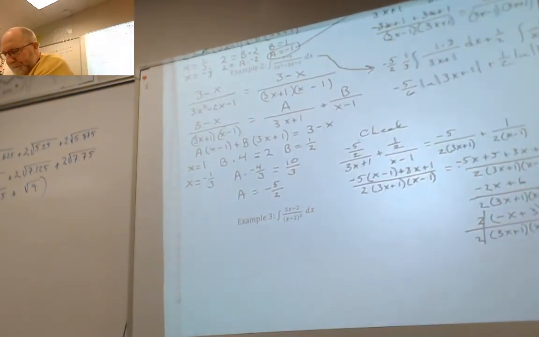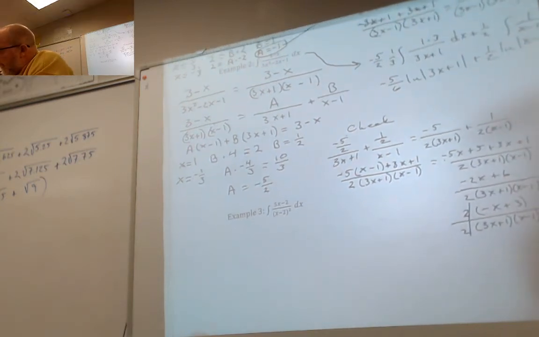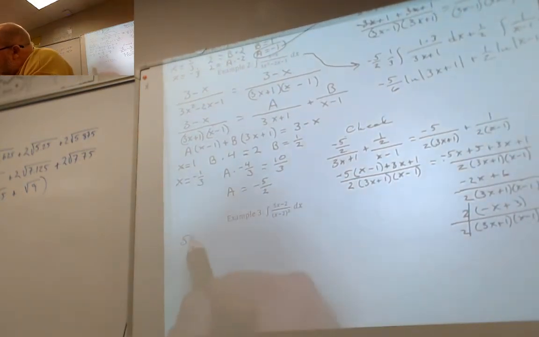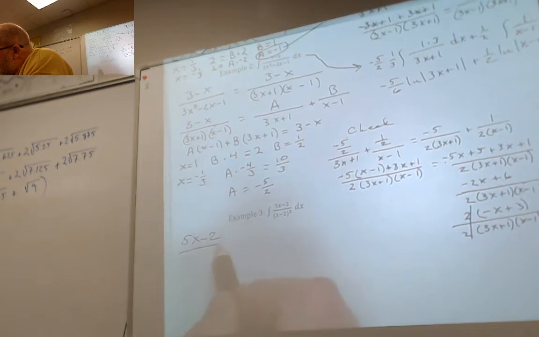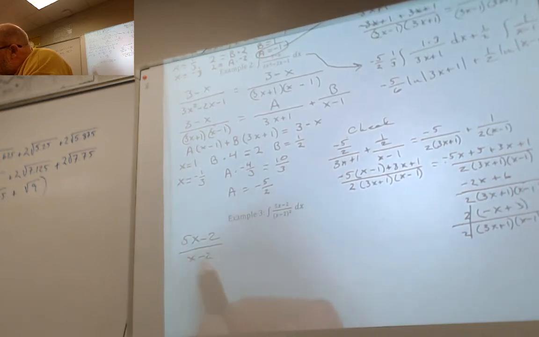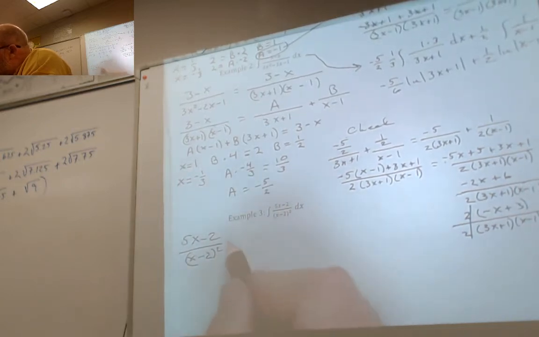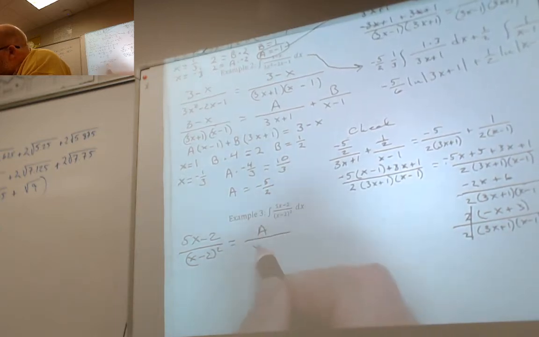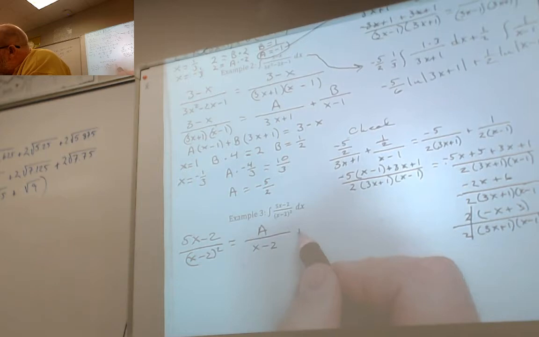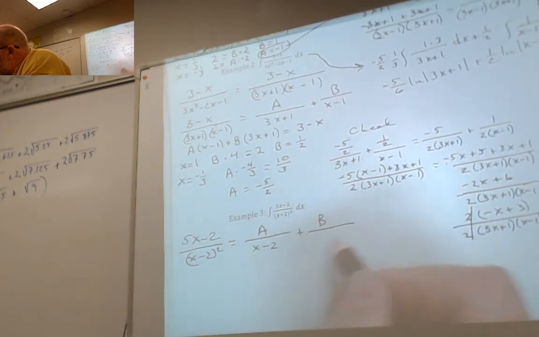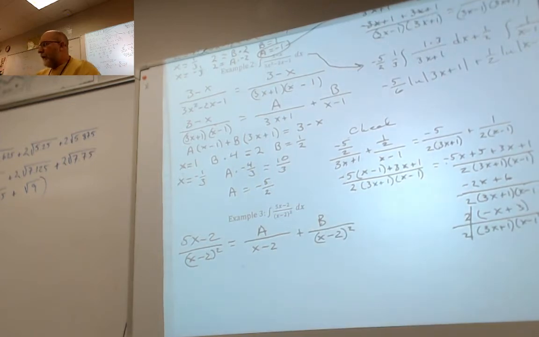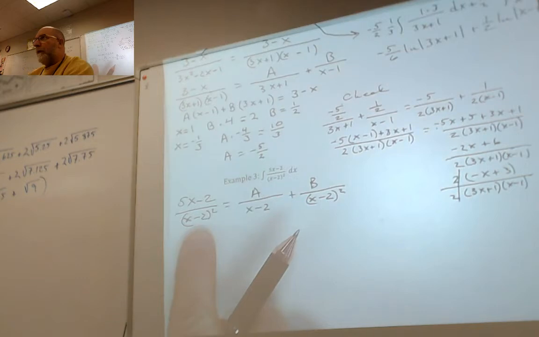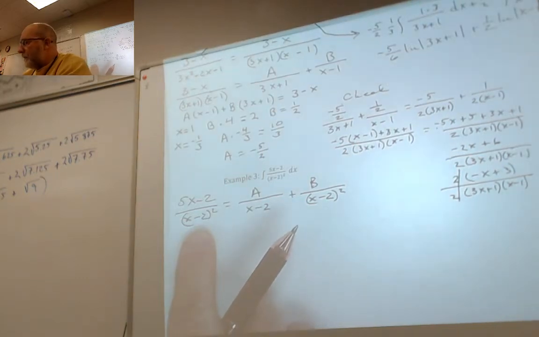Number 3. So I'm going to take 5x minus 2 over x minus 2 squared, and this is going to be a over x minus 2 plus b over x minus 2 squared. That's how you're going to have to deal with it when you have multiple linear expressions.